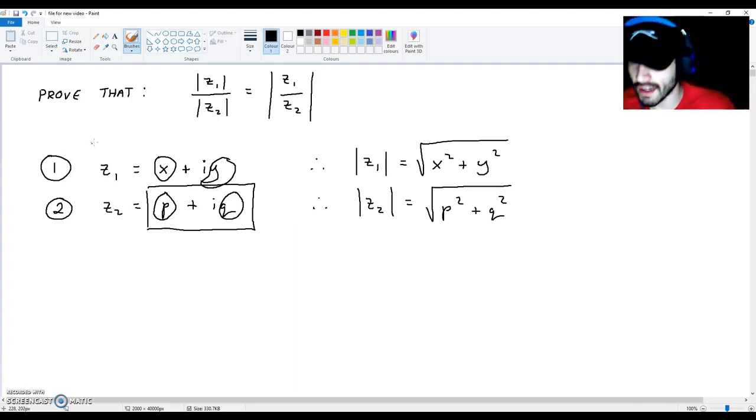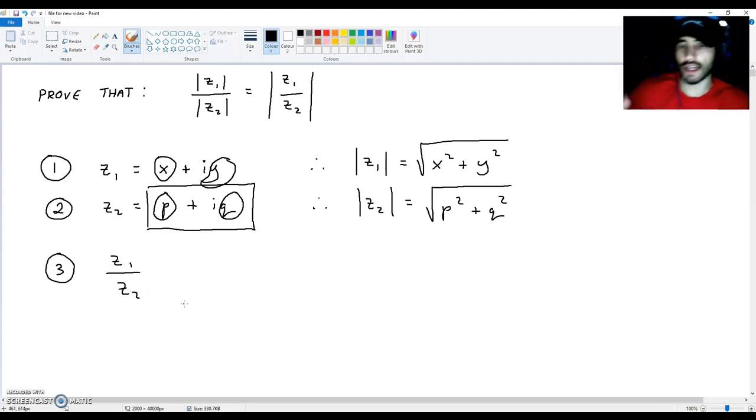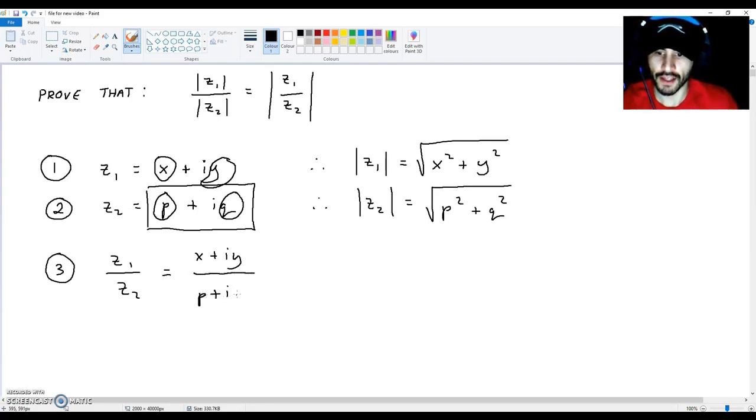Now, since we have all this useful information, we will need to figure out what Z1 over Z2 is in order to get another complex equation for our proof. Z1 over Z2 is equal to x plus iy over p plus iq.